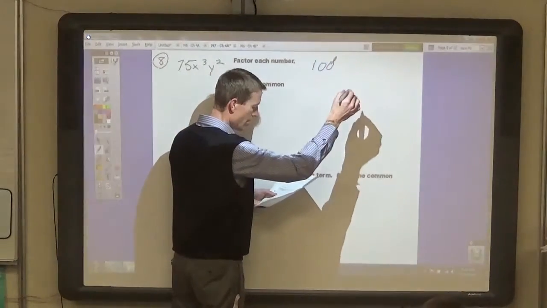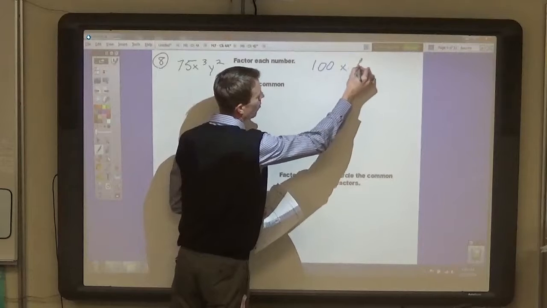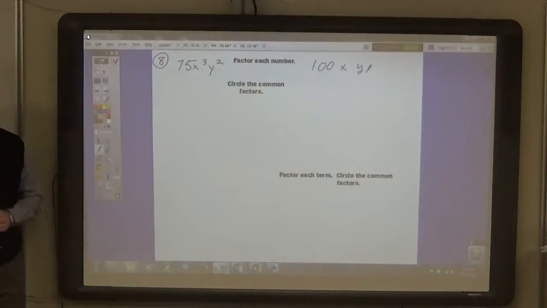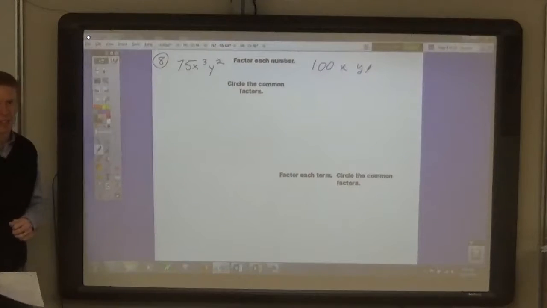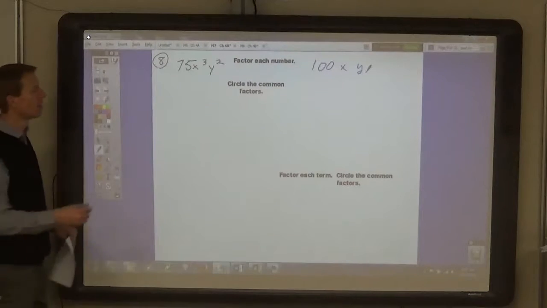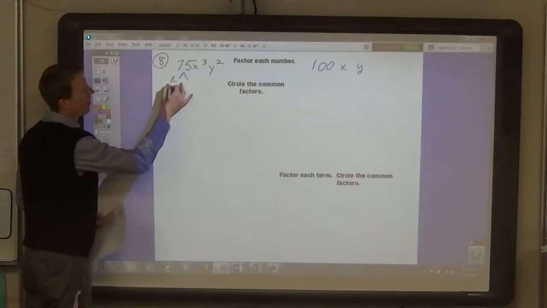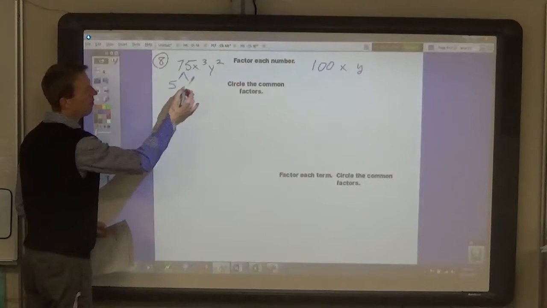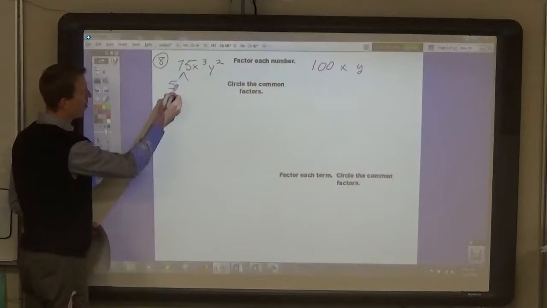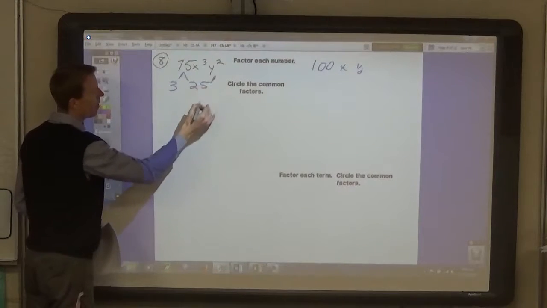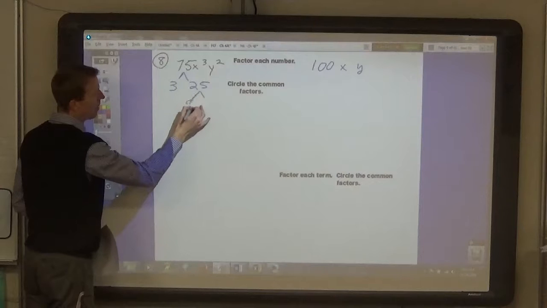100 x, y. Alright, so factor both of these numbers. Write the factors for both of these numbers. Let's start with 75. 3 and 25, and then 5 and 5.